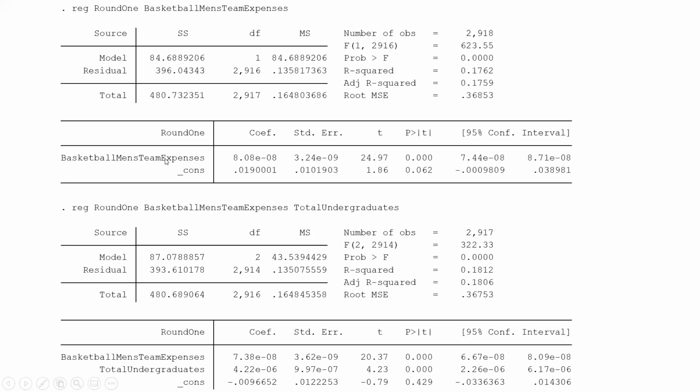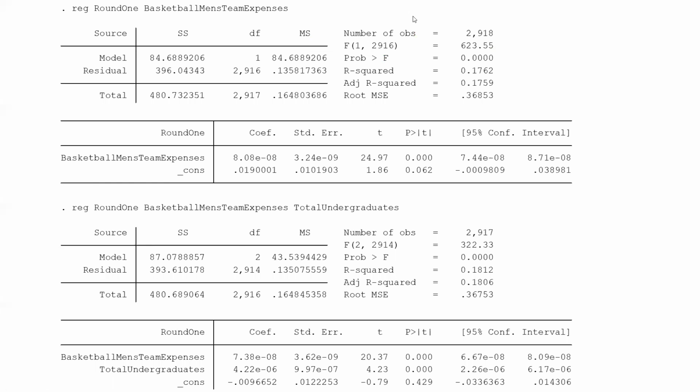But we would expect it to be small. It's the effect of $1 more, right? So if we want the effect of, say, $10,000 more, we would just take this coefficient and multiply it by 10,000. Now, if you notice, it's highly significant. The p-value is essentially 0.